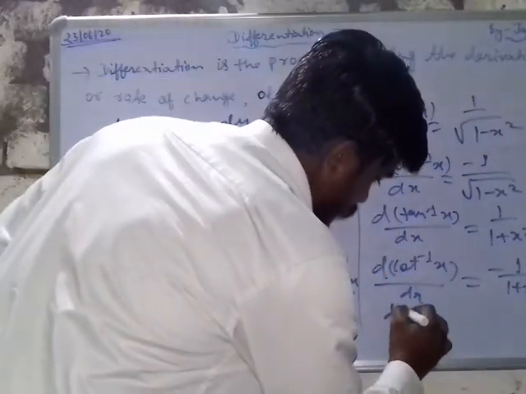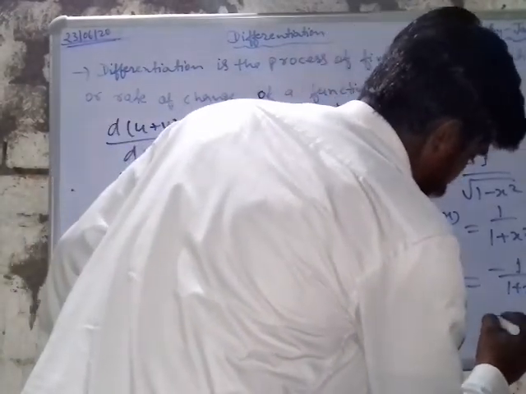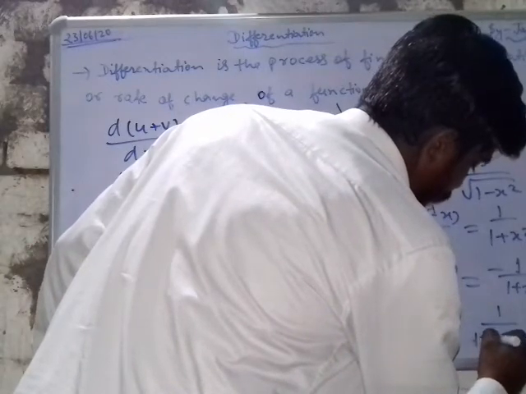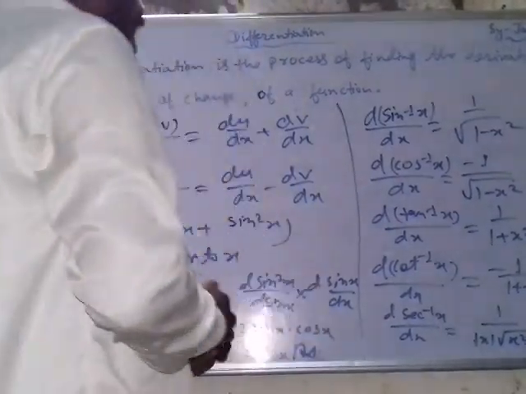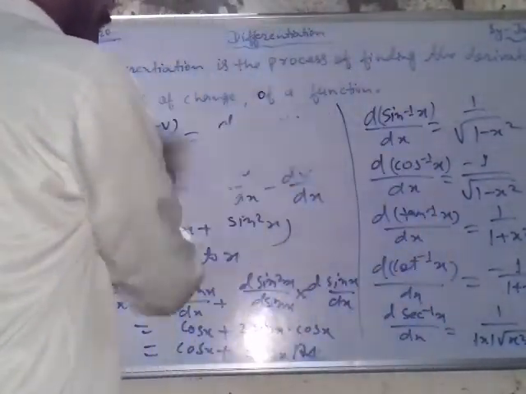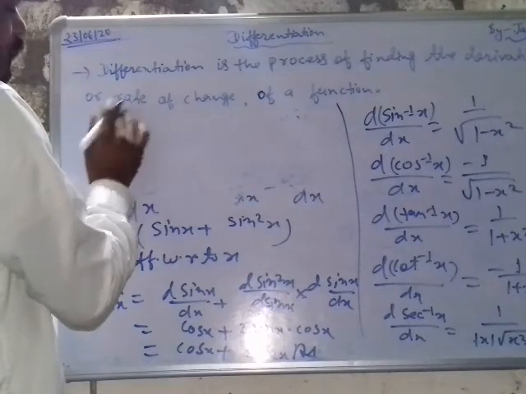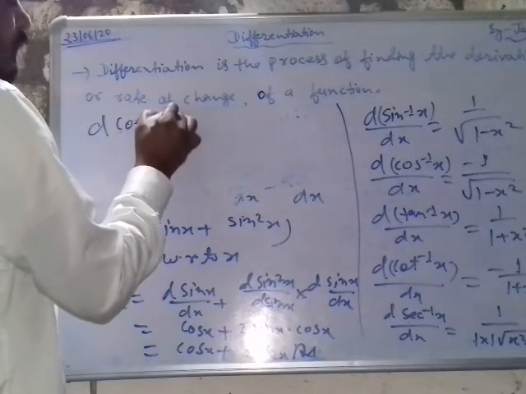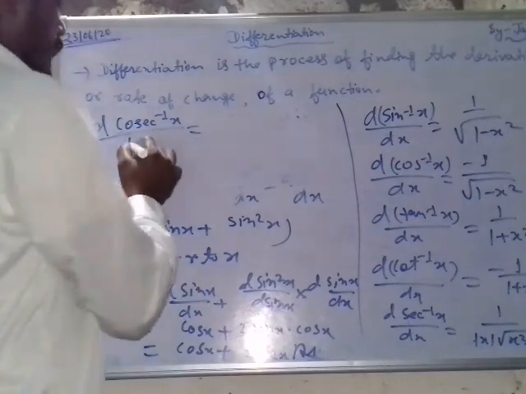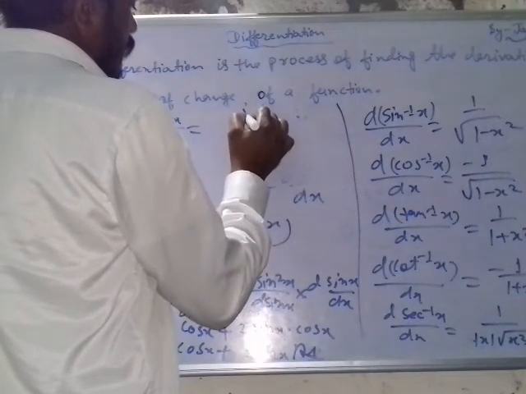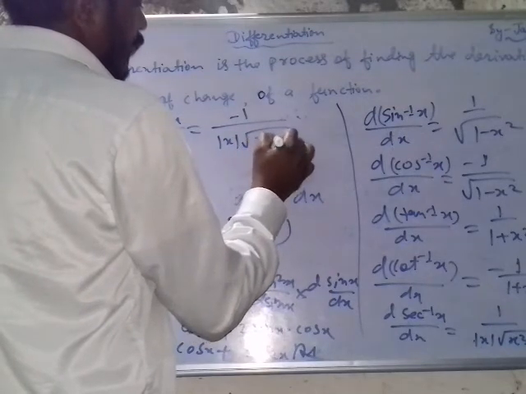Differentiation of sec inverse x by dx equals to 1 by mod x root under x square minus 1. And the differentiation of cosec inverse x by dx equals to how much? Minus 1 by mod x root under x square minus 1.